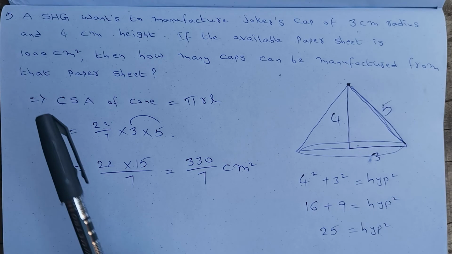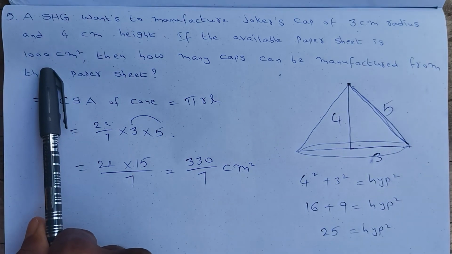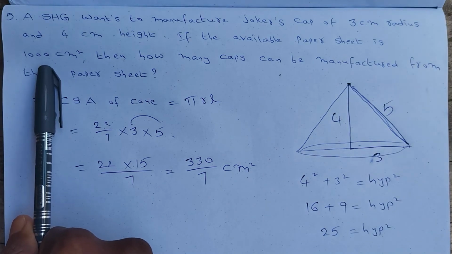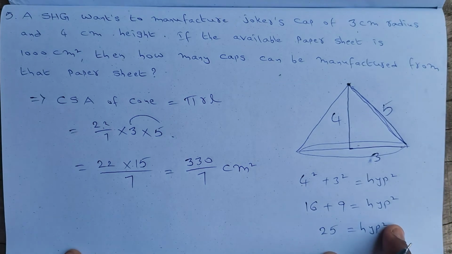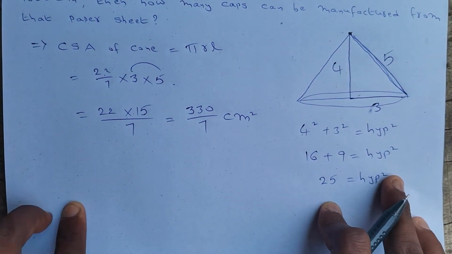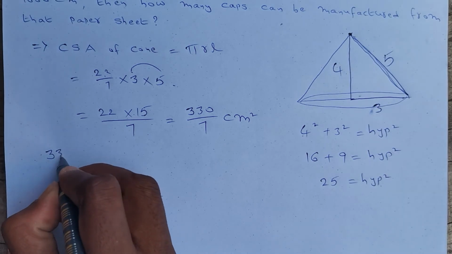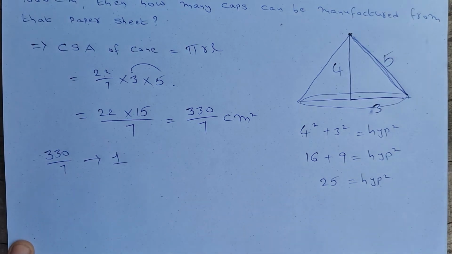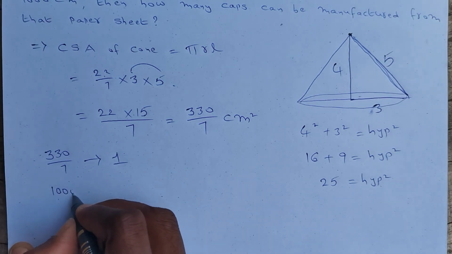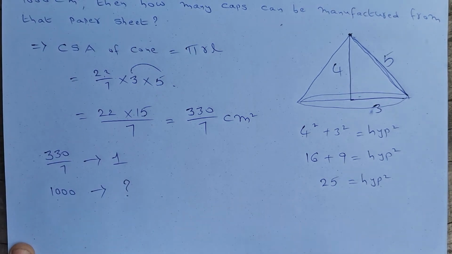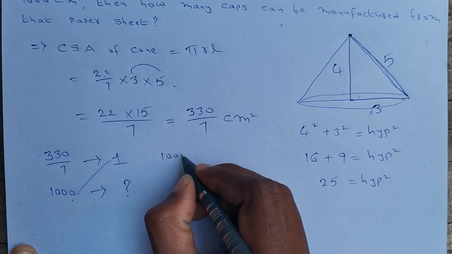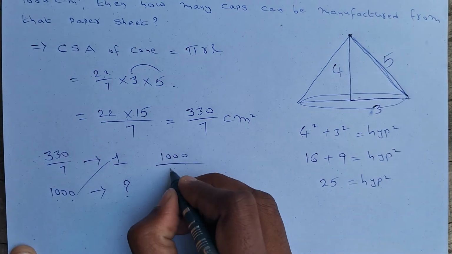Then he is asking, he has 1000 centimeter square of paper. So with this available paper, how many caps can be manufactured? It is very simple. 330 divided by 7 centimeter square paper is required to manufacture a single cap. Then with the available 1000 centimeter square, how many caps can we manufacture? Simply cross multiplication: 1000 into 1000 divided by 330 by 7.